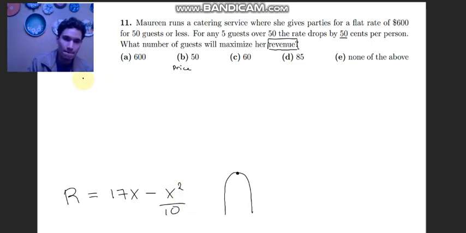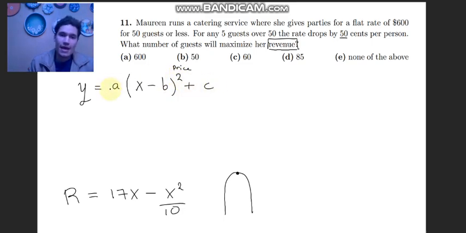We can find that using the equation of the vertex of a parabola, which is y equal, let's say, a times x minus b squared plus c. A will be the amplitude of the parabola.